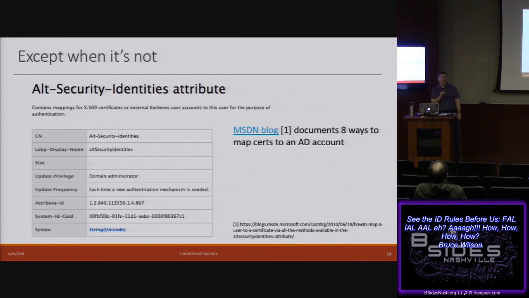Most of this happens through an attribute called AltSec identities. The way that a number of people do this is we will put the thumbprint of the certificate into AltSec identities. And when that happens, AltSec identities is actually the thing that binds. It becomes the credential.